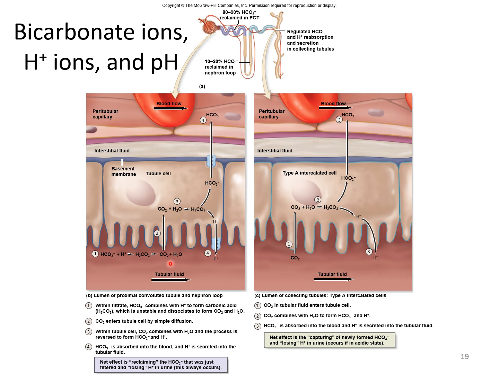Okay, step 2, carbon dioxide goes into the tubule cell by simple diffusion. Step 3, we basically reverse the reaction that just happened. Carbon dioxide is going to combine with water to create carbonic acid, or H2CO3, and then carbonic acid is going to dissociate. We're going to lose a hydrogen ion.